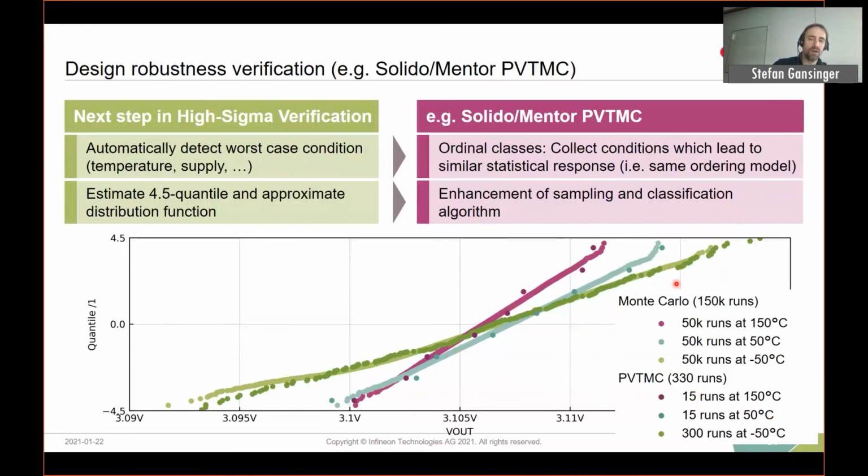This is also quite a low value because when you look at this, especially at high sigma values, 4.5 sigma, the accuracy is still quite high. So from my perspective, this is what we need in analog design. This tells us the worst case condition, and this tells us how our circuit will behave during production and also in the field.